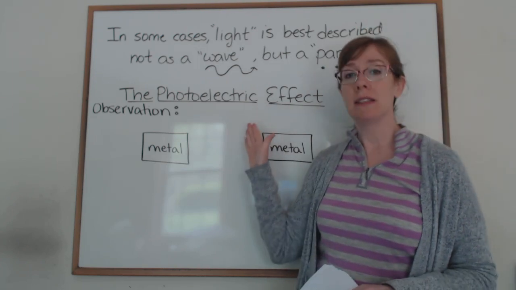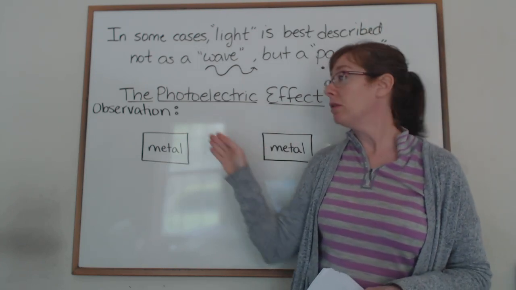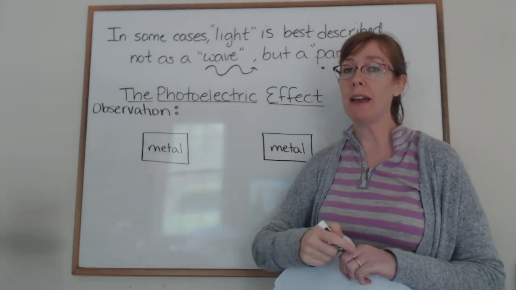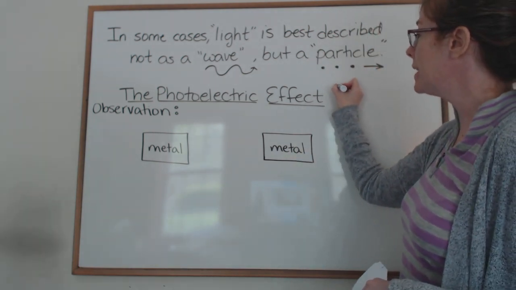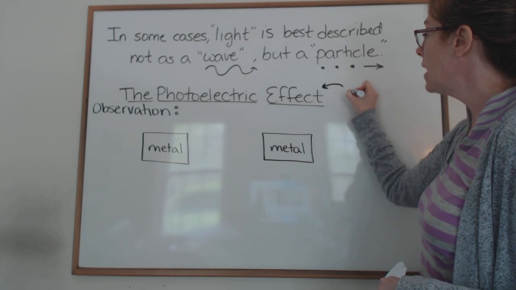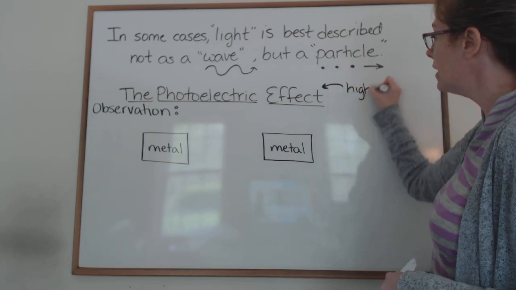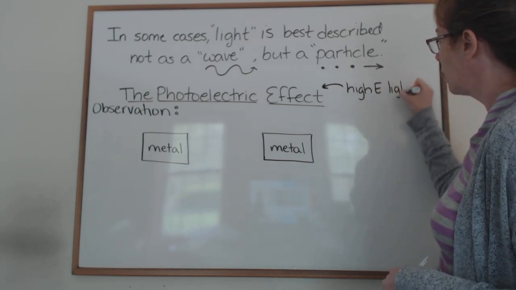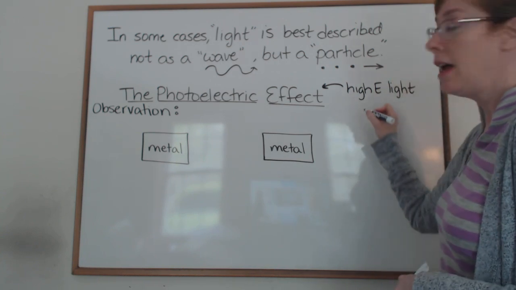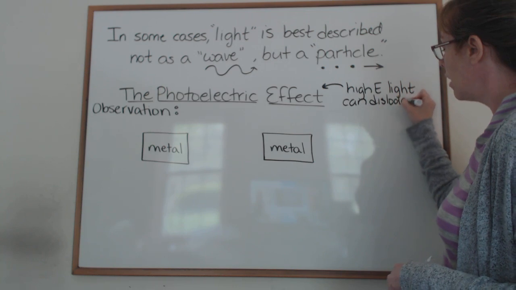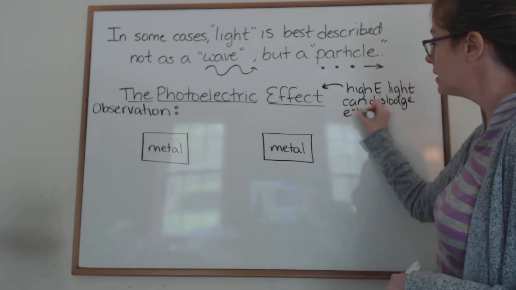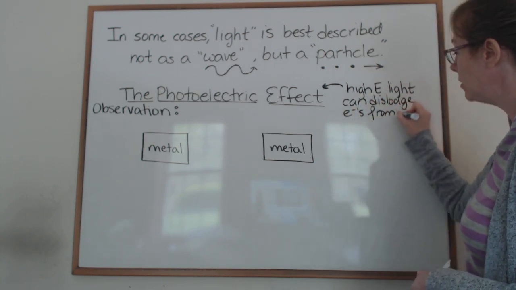The best evidence that light actually acts like a particle comes from something called the photoelectric effect. Essentially, the photoelectric effect is based on the principle that high energy light can dislodge electrons from metals.